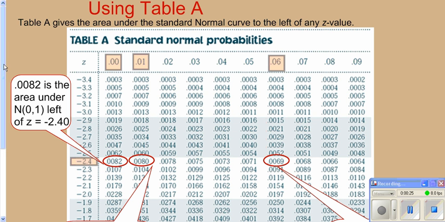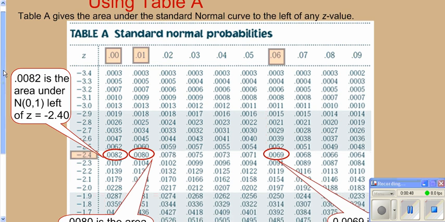The 68, 95, 99.7 rule is kind of a quick idea that allows you to work it out for only those three values of standard deviations of 1, 2, and 3. It does not help you for other ones. So if you had a z-score of 1.5, it would not help you. So let's take a look at using table A here.